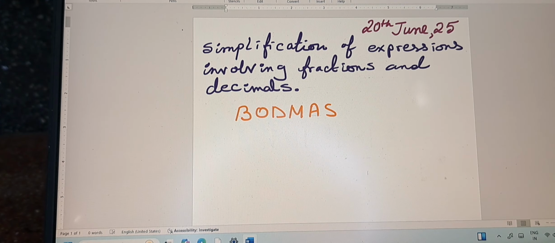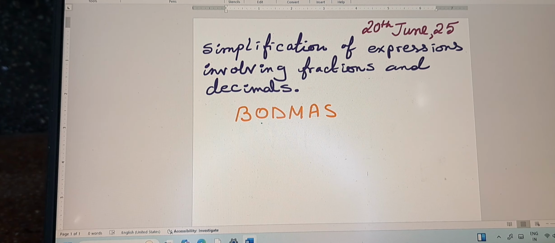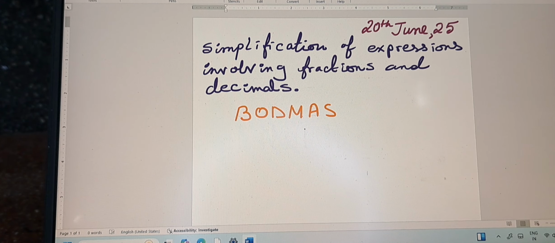So over here the application will be multiplication. So instead of of, we have to write multiplication while solving the sum, followed by D stands for division, then multiplication, addition and subtraction.